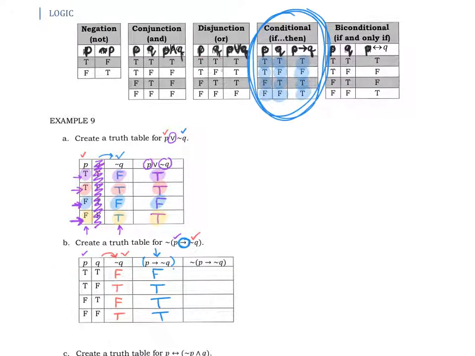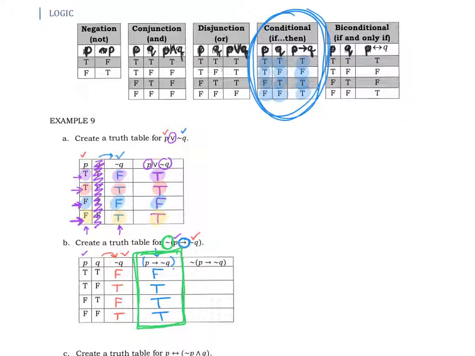Now the very last thing that we are evaluating in this case is this not. Well, what are we negating? We're negating all this stuff in parentheses. In other words, we are negating this column right here, because that column is about all of the stuff in parentheses.